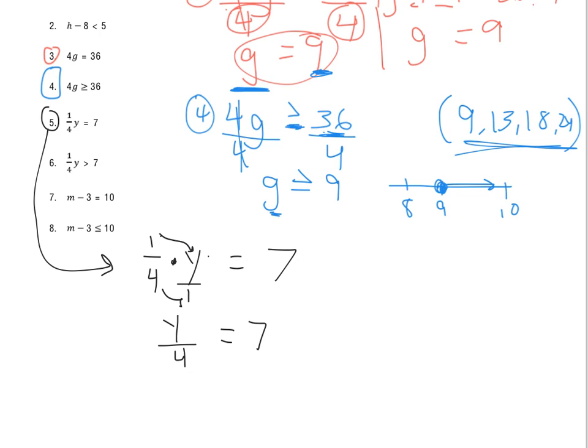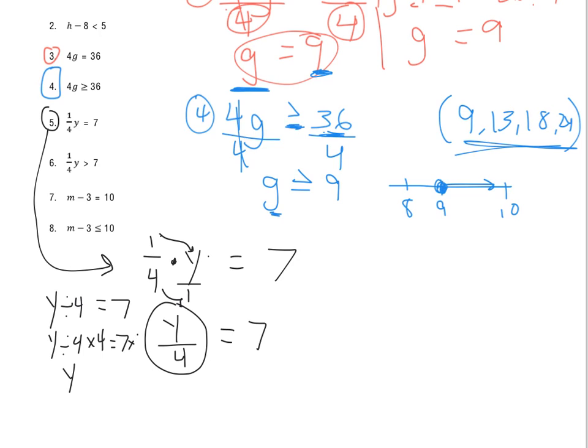Now, I know that y over 4, or y fourths, is the same as y divided by 4. So y divided by 4 equals 7. I know that in order to do this, I can do y divided by 4, and I can multiply by 4, because if I divide y by 4 and then multiply it by 4, I'm going to end up with y.